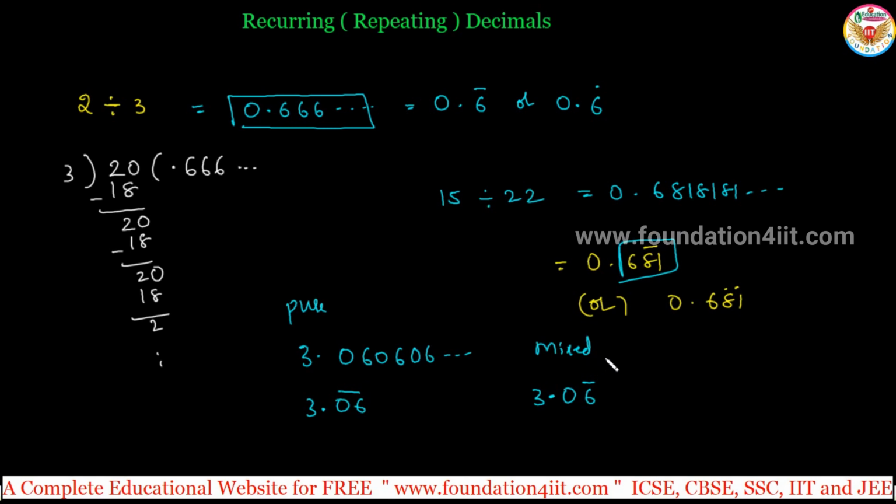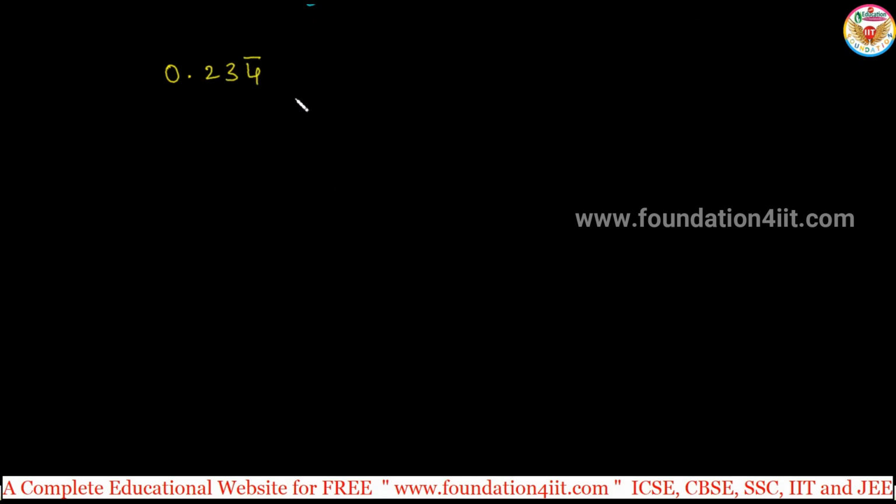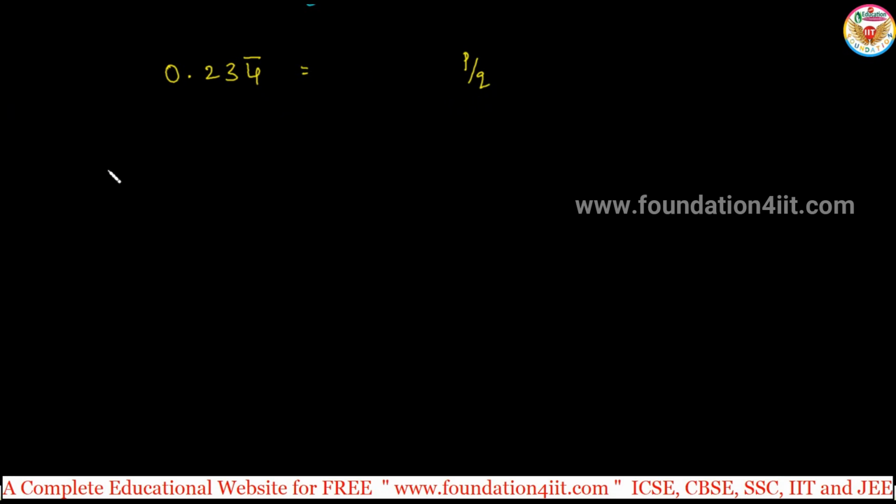Now let us see how to convert non-terminating repeating decimals into a vulgar fraction with an example. Let's take 0.234, where 4 is repeating, so this is a mixed recurring decimal. Now how to convert it into a vulgar fraction, that means into p by q form. We have two steps, numerator and denominator.